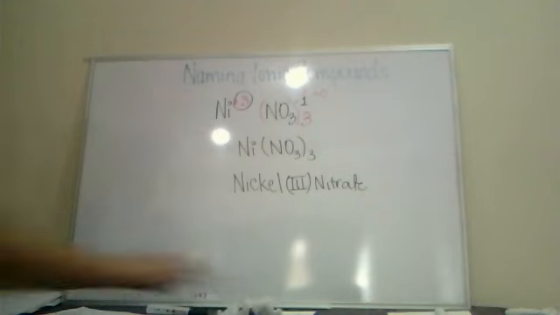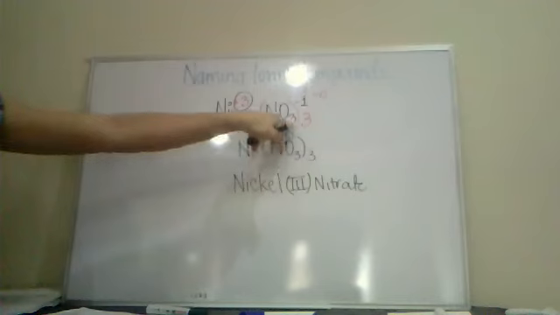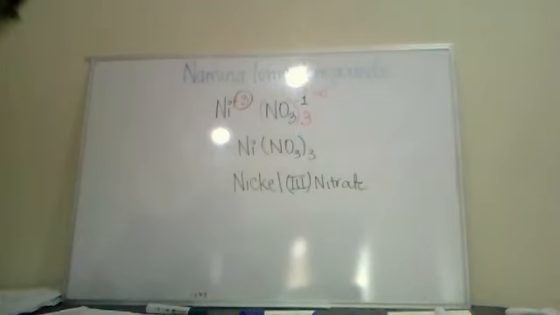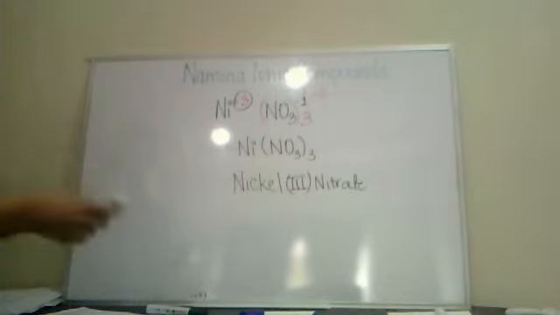I'm not sure if everyone's understanding the topic. I'm going to make one more example with a polyatomic ion where you have to put a number, and with that, we're done with the class. So if you're not understanding, let me know.